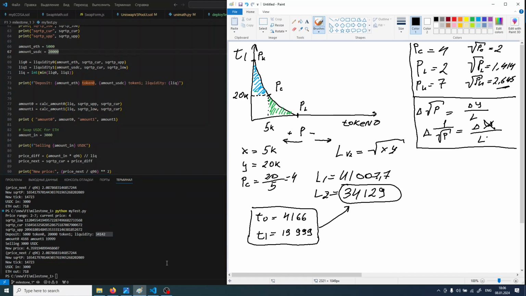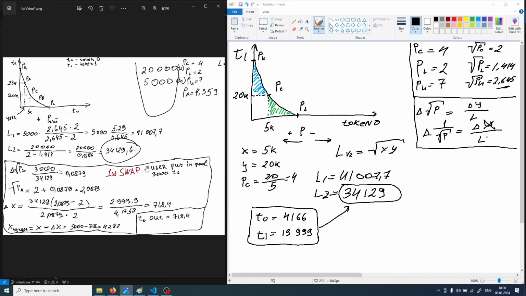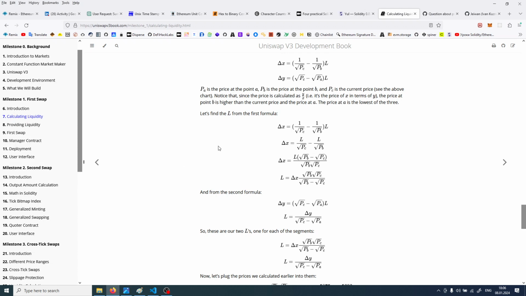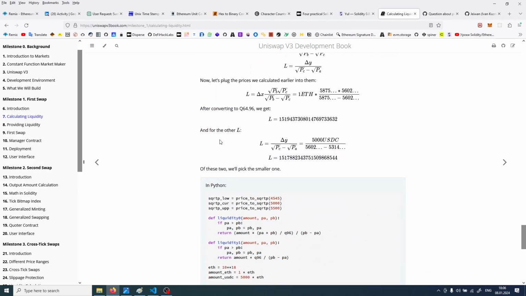What do we do next? Let's try a swap. So we provide liquidity.